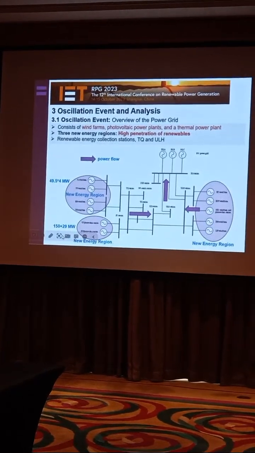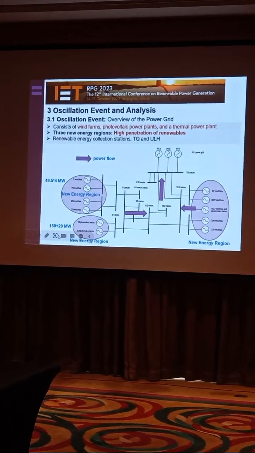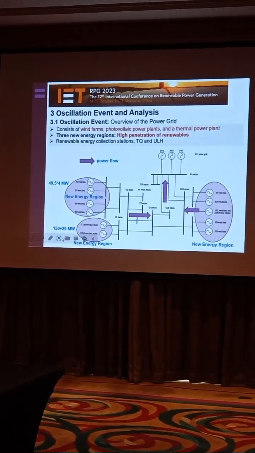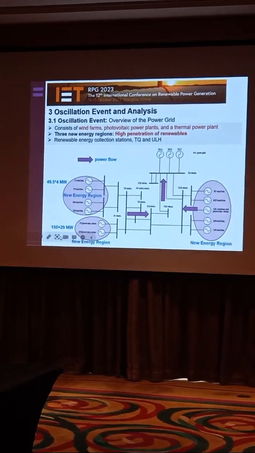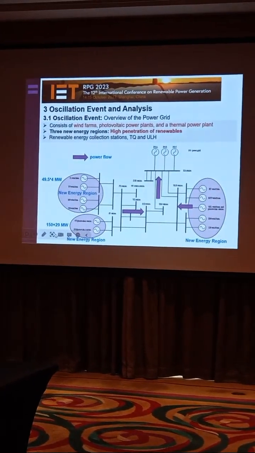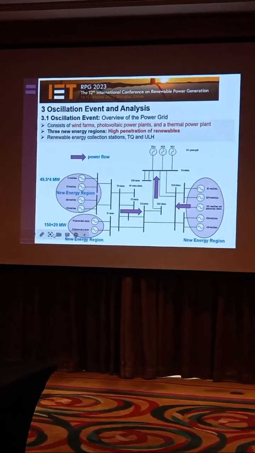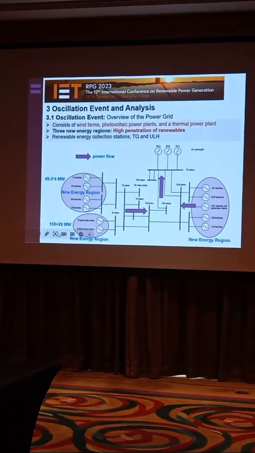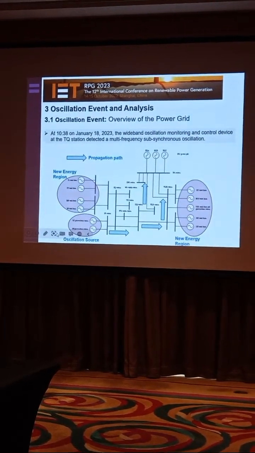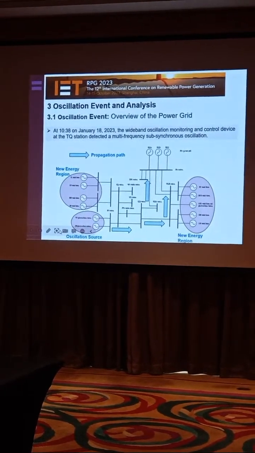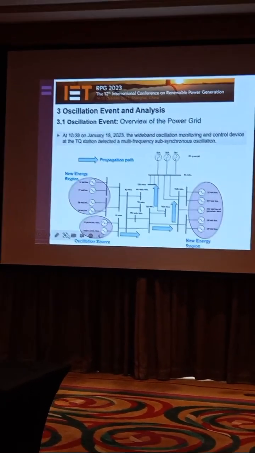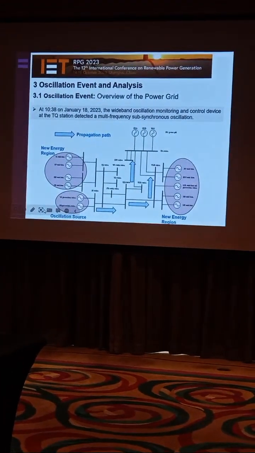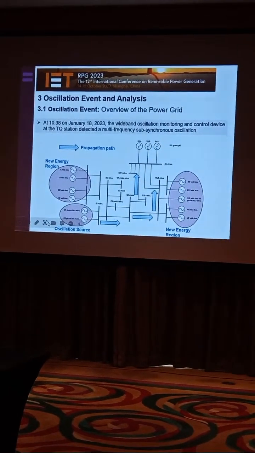And this power grid consists of wind farms, photovoltaic power plants, and a thermal generator with a high penetration of renewable energy. TQ and ULH are renewable energy collection stations. On January 18th, the wideband oscillation monitoring and control device at TQ station detected a multi-frequency sub-synchronous oscillation.